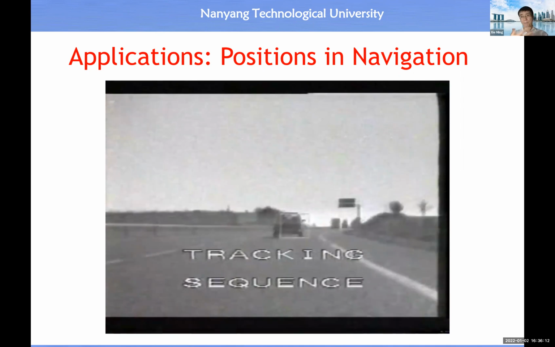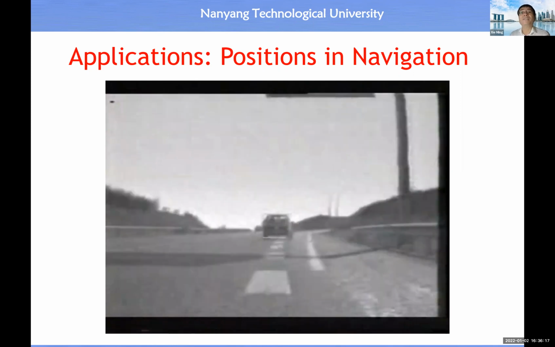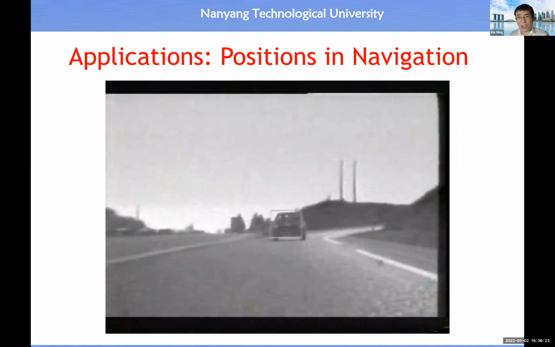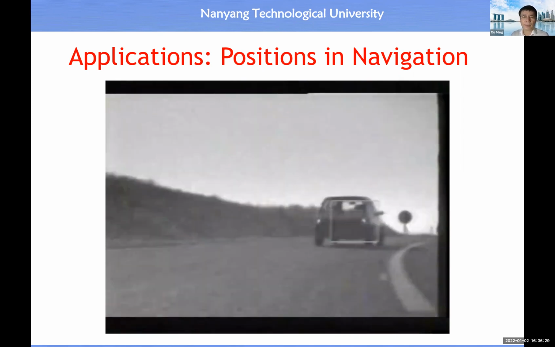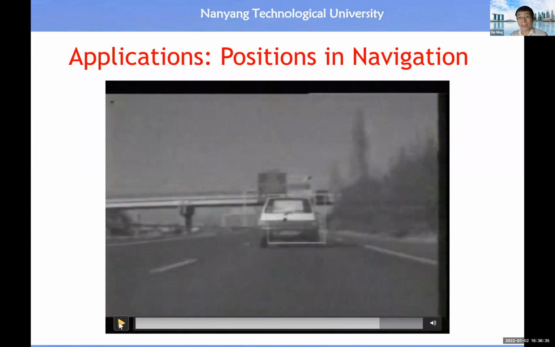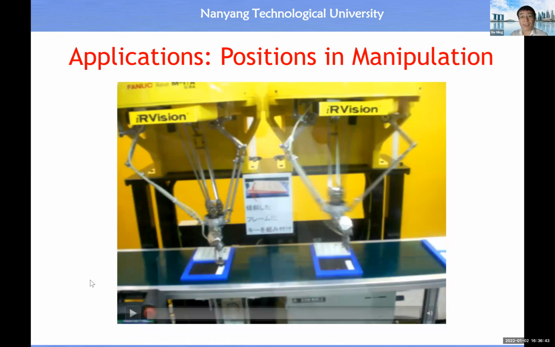Then we can make use of such information to automate the task of object tracking, target tracking, or autonomous control of car following. Okay, so this is one typical scenario in which the knowledge about the position plays a very important role. And this video shows you an industrial application in the production line in which a robot will undertake autonomous pick and place.